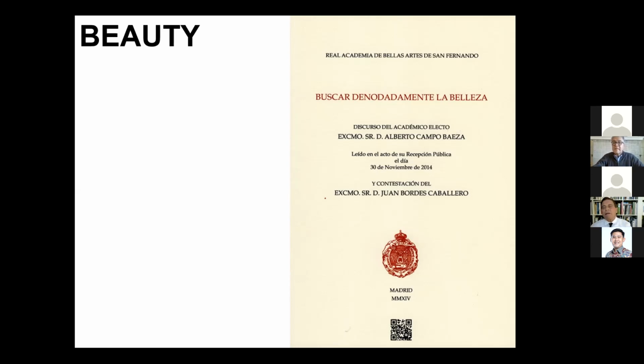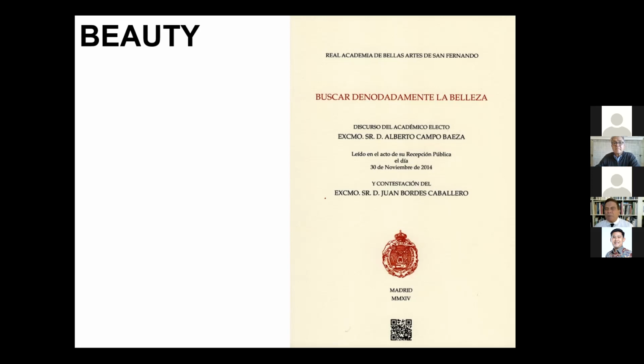But overall is translation and materialize the beauty. And when I was received some years ago in my Royal Academy of Beaux-Arts in Madrid, I entitled my discourse Buscar denodadamente la belleza, looking for or seeking relentlessly the beauty.